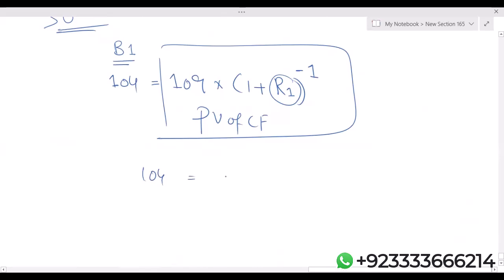104 is equal to 109 divided by 1 plus R. We can write it like this as well. Yes or no? Is this clear to everyone? If it is a negative sign, when it comes in the denominator, the negative sign becomes positive.